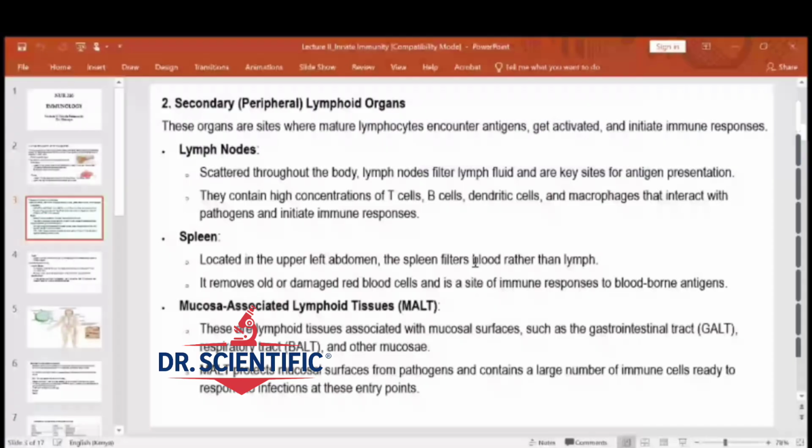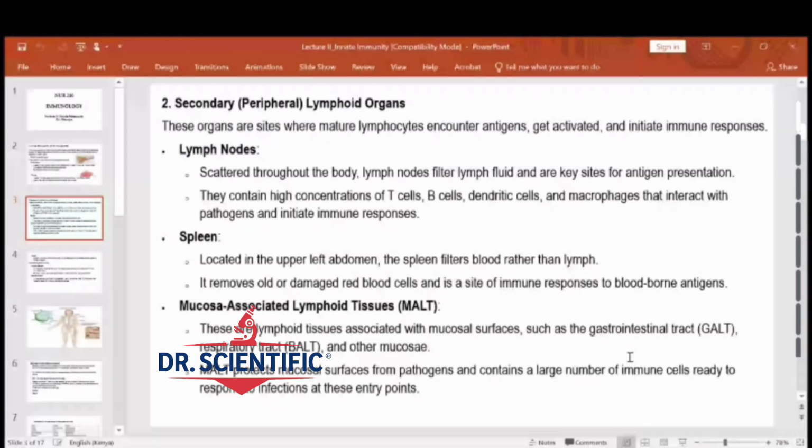Another site for this response, referred to as a secondary lymphoid organ, would be the MALT, that is the mucosal associated lymphoid tissue. That is what we refer to as the mucosal surfaces. The mucosal surfaces are mostly found in a number of systems, including the gastrointestinal system and the respiratory system.